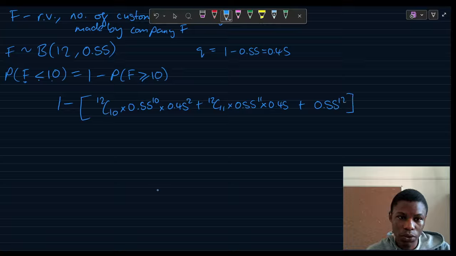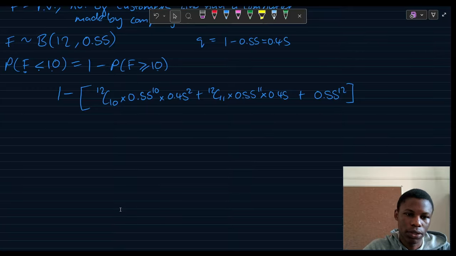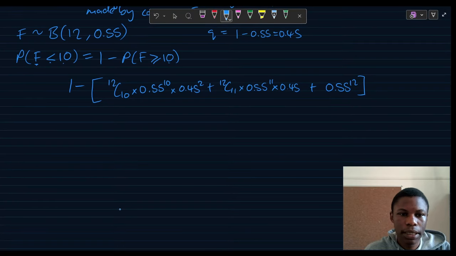So for F is 12, we're saying that all 12 customers buy a computer by company F. So it's just 0.55 to the power 12. Or you could just write it out using the formula. You'd still reach the same conclusion.